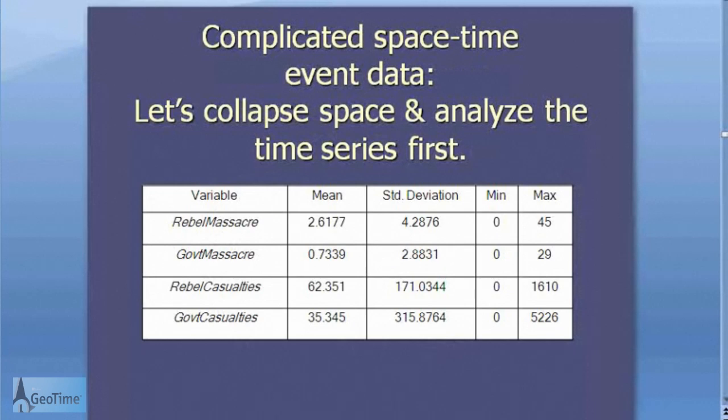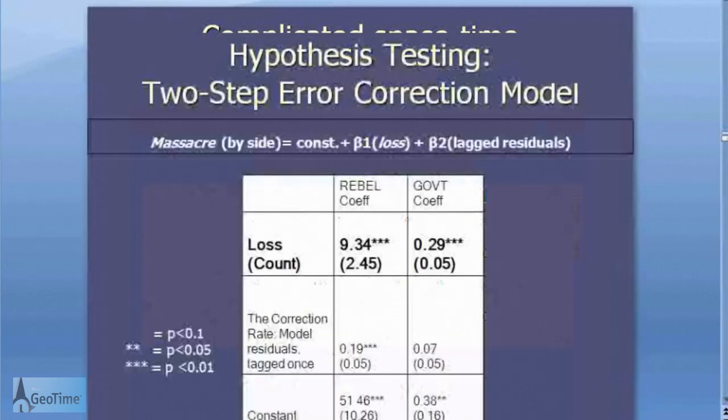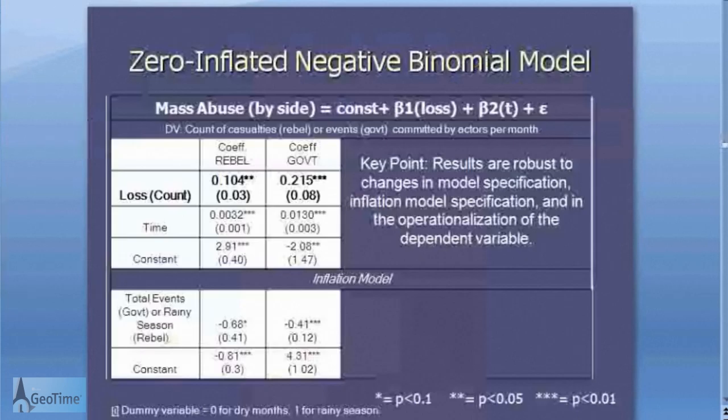losses, etc. And then did a two-step error correction model where I found a very both substantively and statistically significant result, meaning that, for example, in this slide, when rebels are losing in a given month, they are 9 times more likely to commit atrocities against civilians in the next month than they were before, and it's very statistically significant.